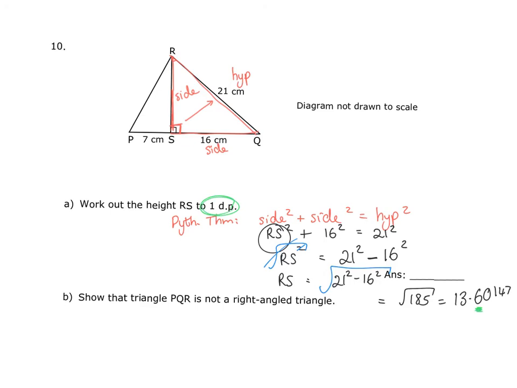The first number behind the decimal point is 6. The 0 won't round it up, so it's just 13.6 centimeters as the answer to RS.